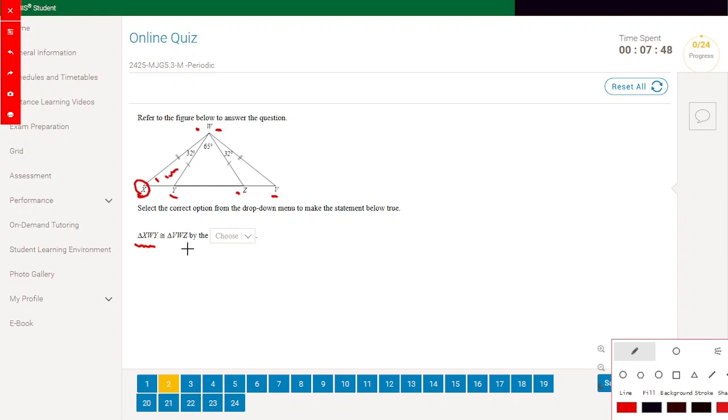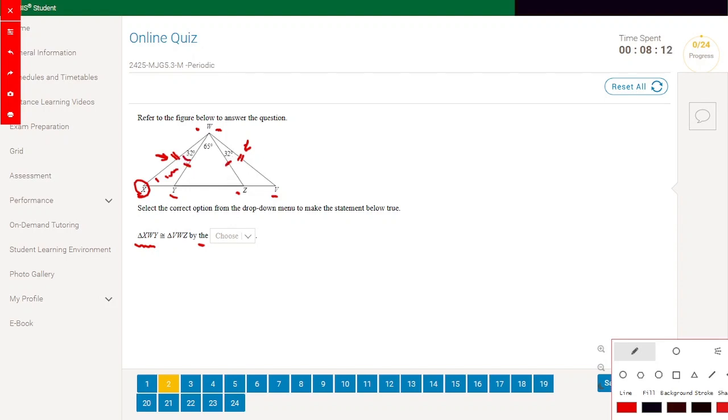So let's see here. From here, we can see that this side is congruent with this side because they are equal. You see, two lines here, so they are equal. And also this side is equal to this side, so they are congruent.